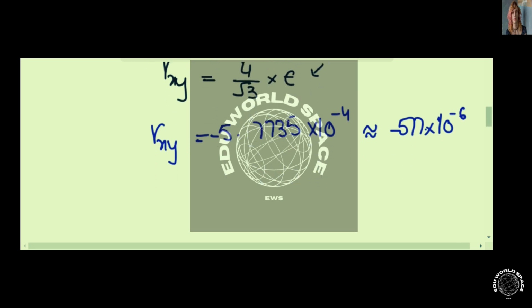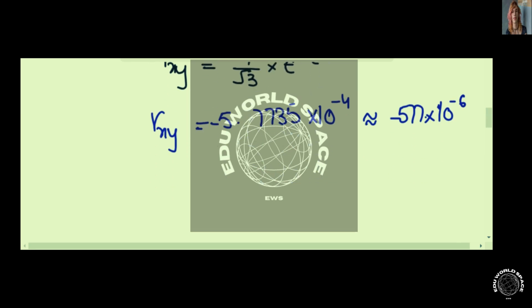Now we are going to use equation 10.9, which will give us the principal strains.